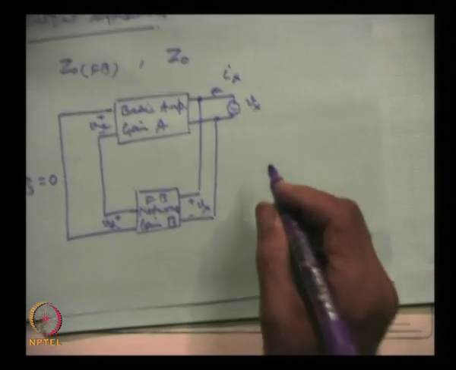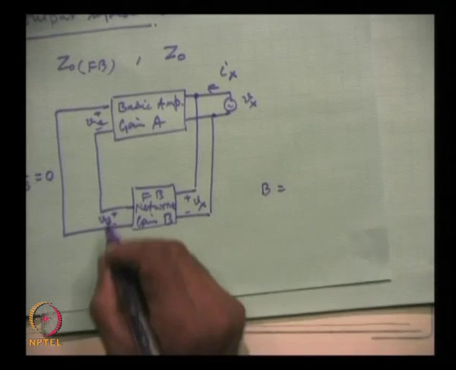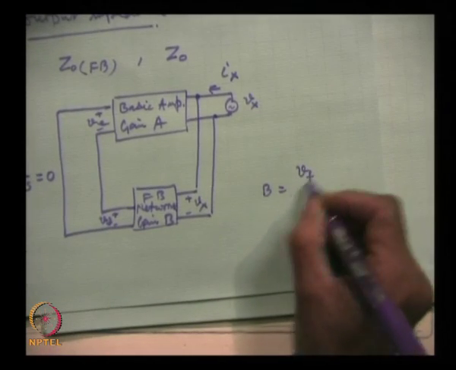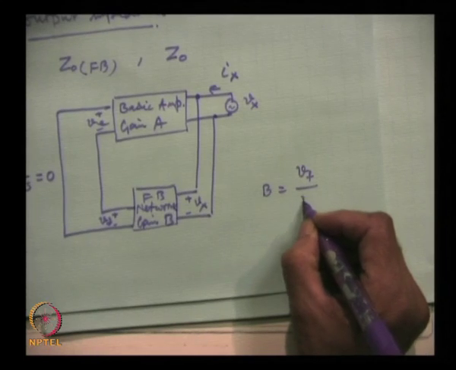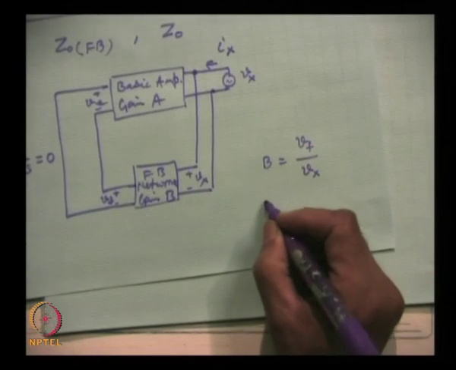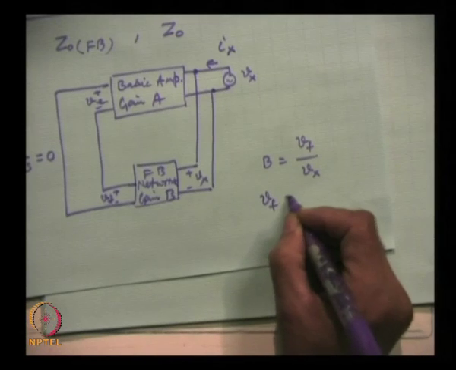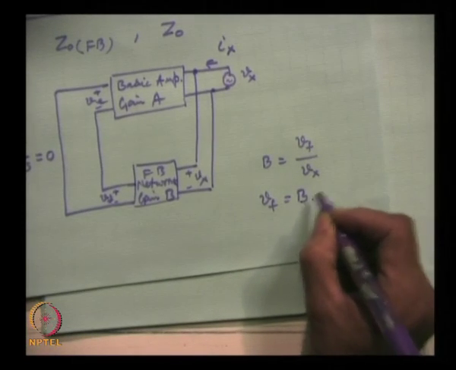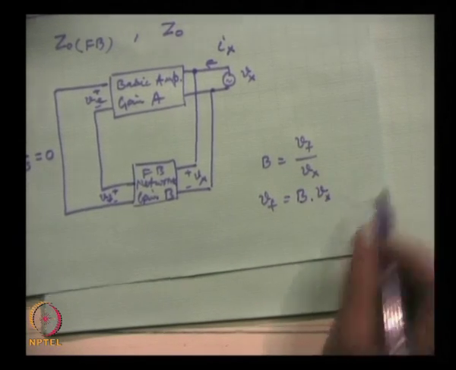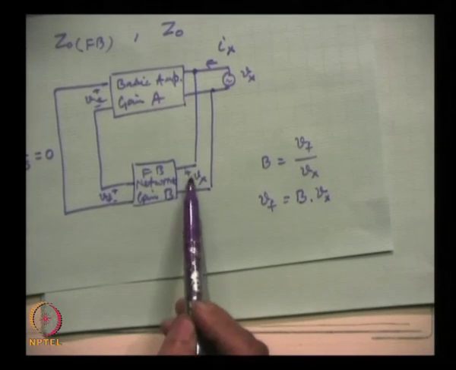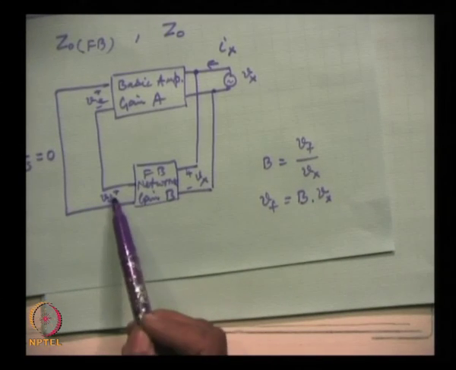So, obviously, B's output is V f, input is V x. So, V f is equal to B into V x. This is the input to the feedback circuit, this is the output.